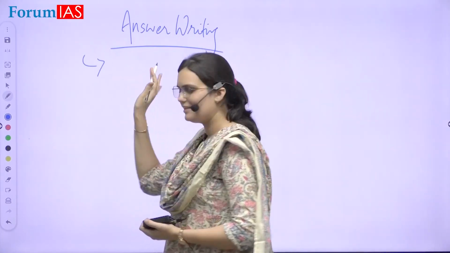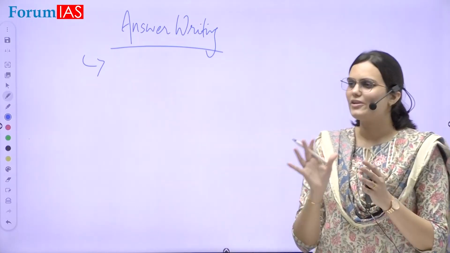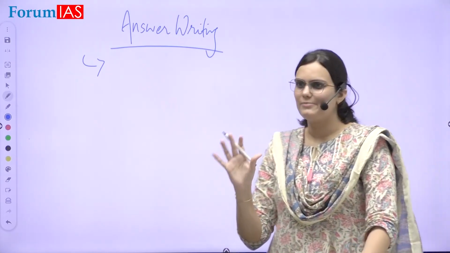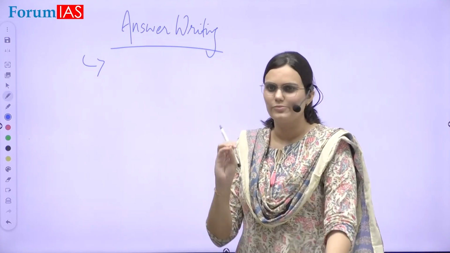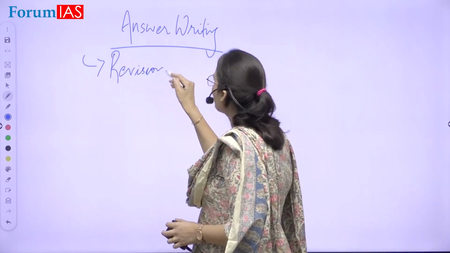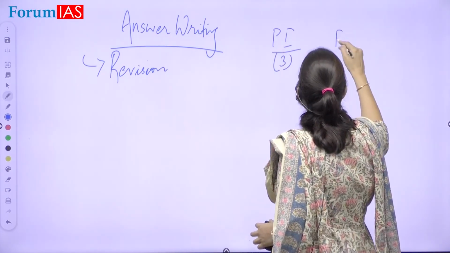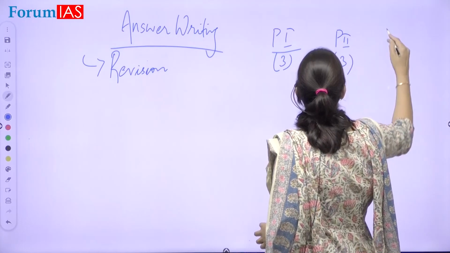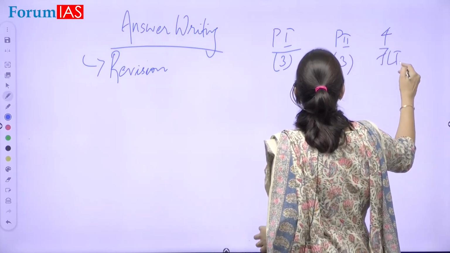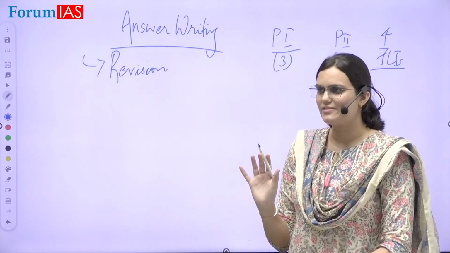So let me decipher the basics now. How are we going to deal with this? This program is designed to make sure that you revise your syllabus in a timely fashion. That is the first motto: revision. And that is why you are going to have 3 tests each for paper 1 and paper 2, and 4 full length tests. This is the framework or blueprint of the test series which we are planning.